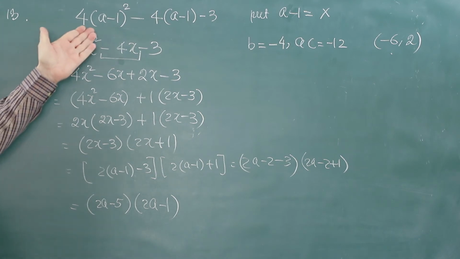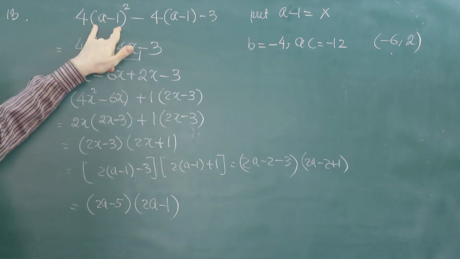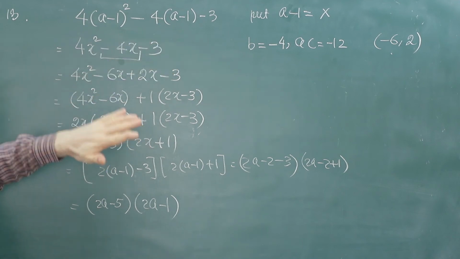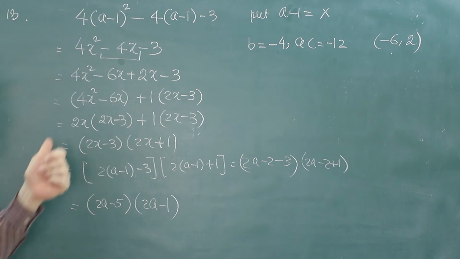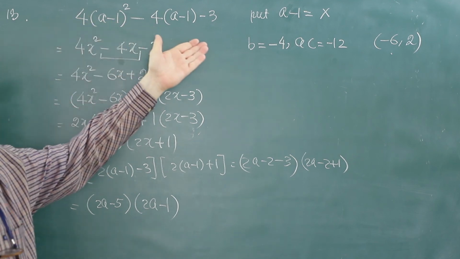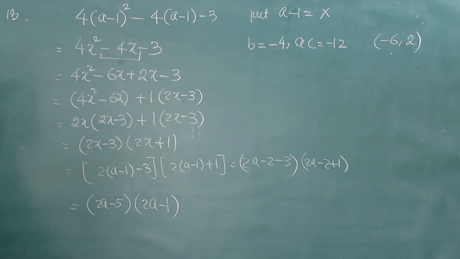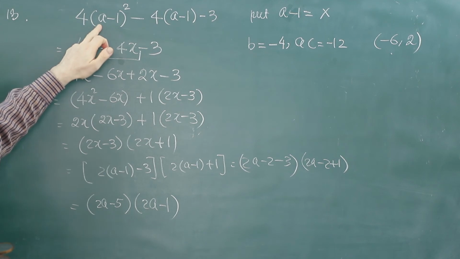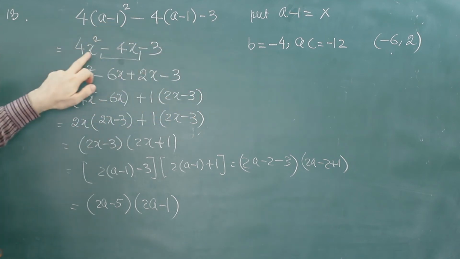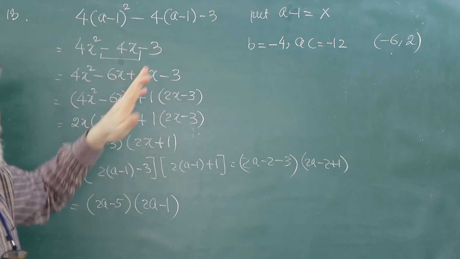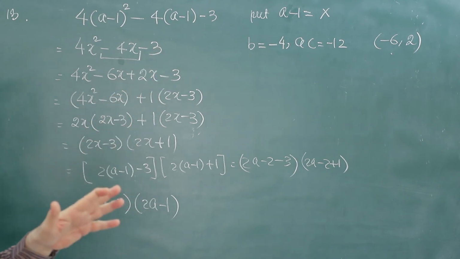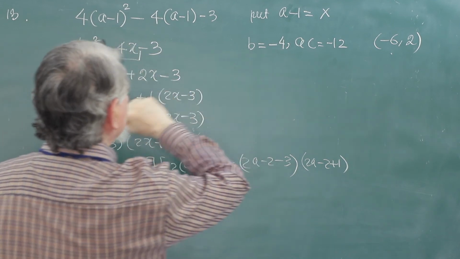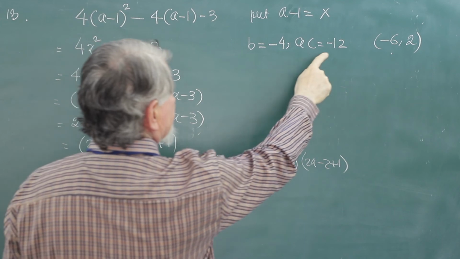What we did, we first simplified because I realized a minus 1 whole square and a minus 1 is here. So instead of a minus 1, I put it equal to x. I could have opened this bracket also and simplified, and I would have got something finally in terms of a. But for simplification, I put a minus 1 as x, and I got 4x square minus 4x minus 3. Very simple trinomial. The middle term is minus 4x, so b is minus 4, AC is 4 into minus 3, minus 12.